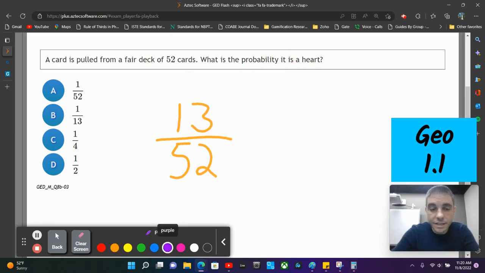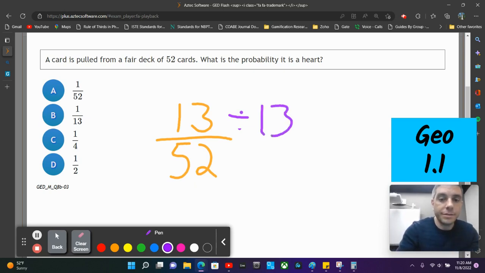Reducing fractions involves dividing the top number of a fraction and the bottom number of the fraction by the same factor, and we want to have whole numbers as a result for both of those divisions. In this case, 13 is a prime number, meaning the only number we can divide 13 by, other than 1, which won't change anything about it, is 13.